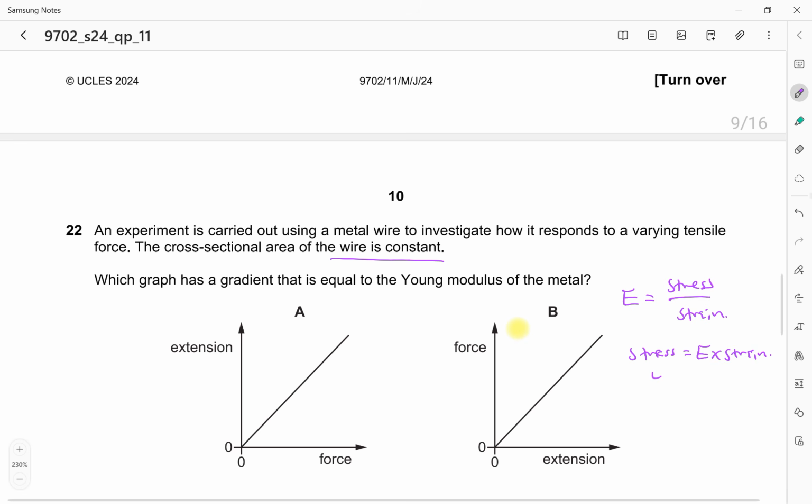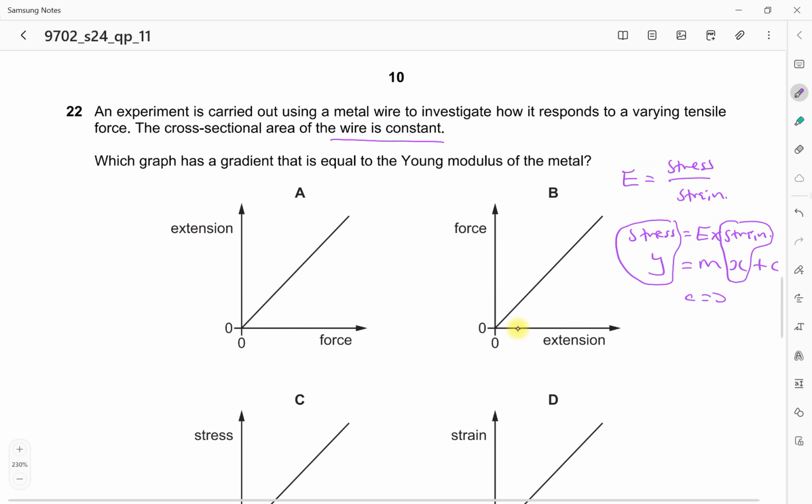If I sketch a graph of stress against strain, there is no y-intercept, so it goes through the origin. On the y-axis, I put stress. On the x-axis, I put strain. The gradient is the Young modulus, which should be a constant.